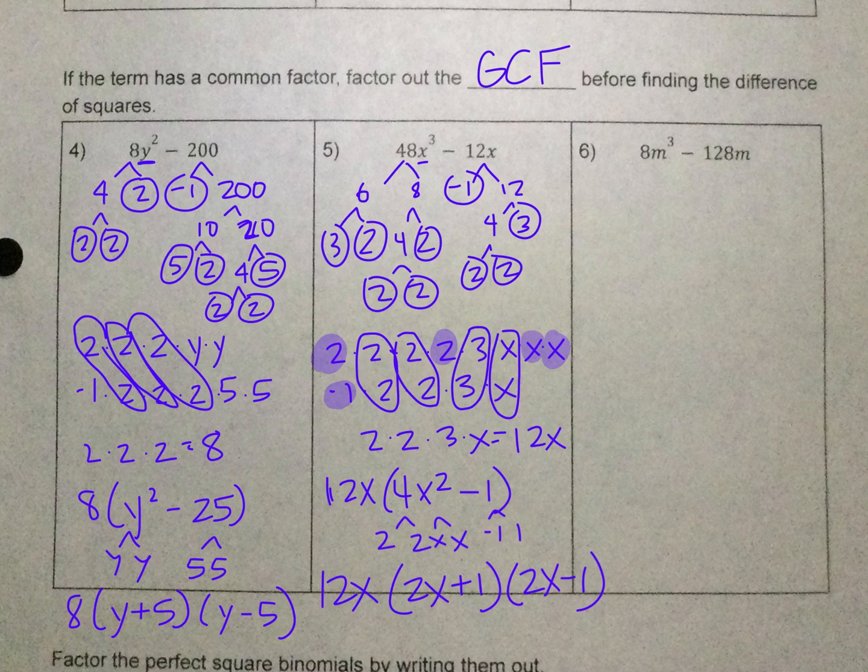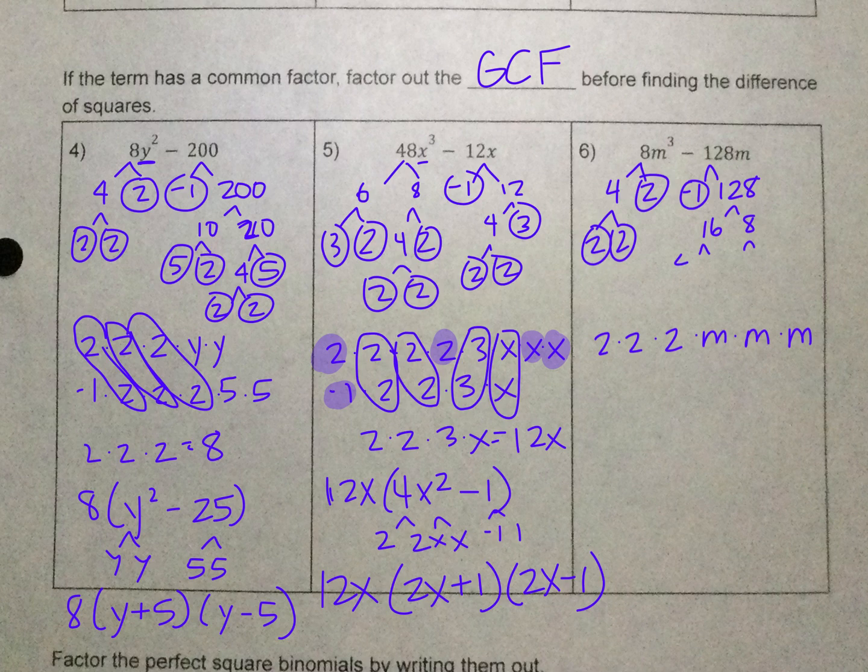All right, let's do one more like this. 8, 4 and 2, 2 and 2. So I've got 2 times 2 times 2, and then there's 3 m's. Negative 1, 128. This can break down into 16 and 8.